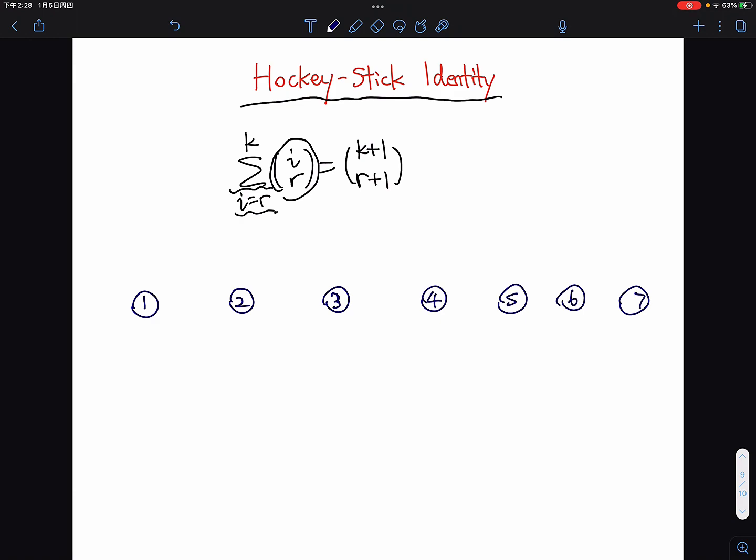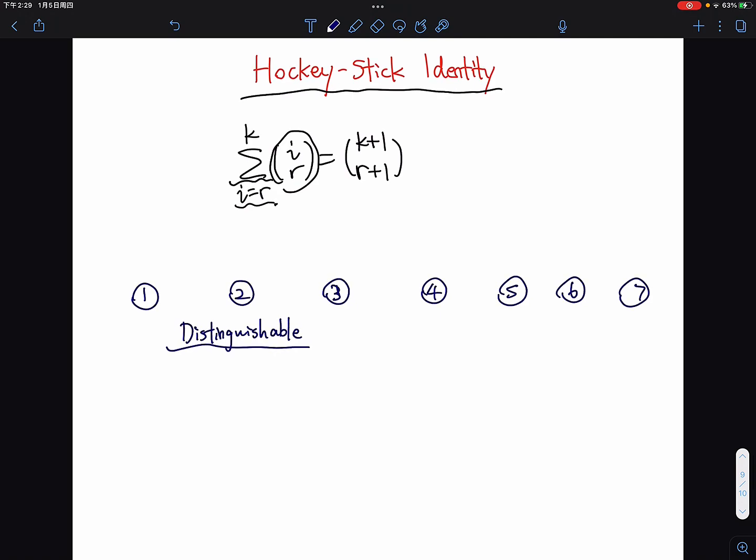Let's say they are distinguishable, meaning that none of the balls are identical to each other. And I'm going to ask you, how many ways are there to choose 3 balls from the 7 balls above?